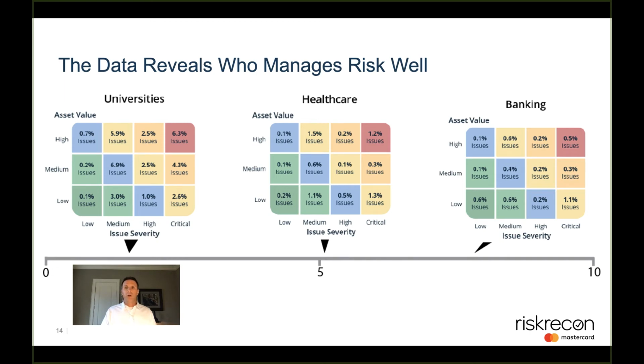As you can see on the right, organizations in the banking industry typically demonstrate a very low percentage of issues that are higher priority when compared to, say, universities that are less well known for strict regulation and security posture. So leveraging this concept, you'd probably want to do business with organizations that look more like a bank and less like a university when it comes to their tolerance of risk.